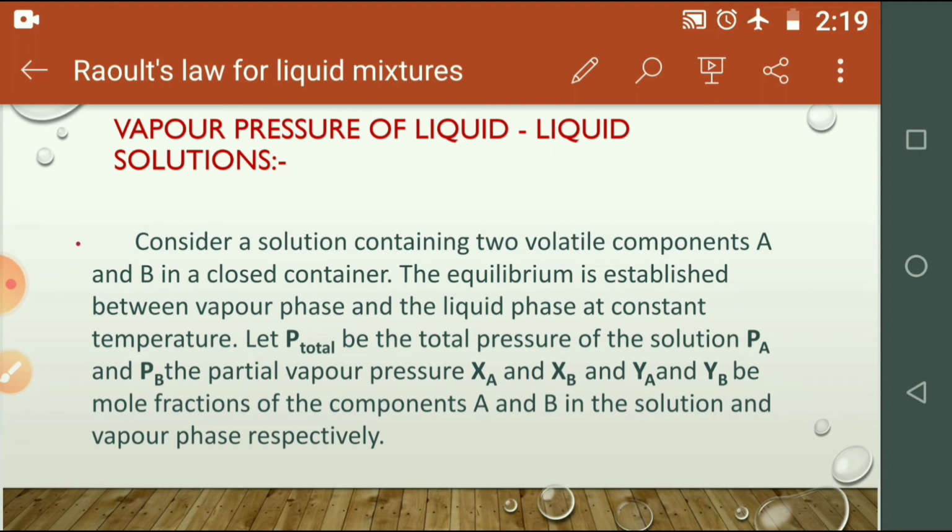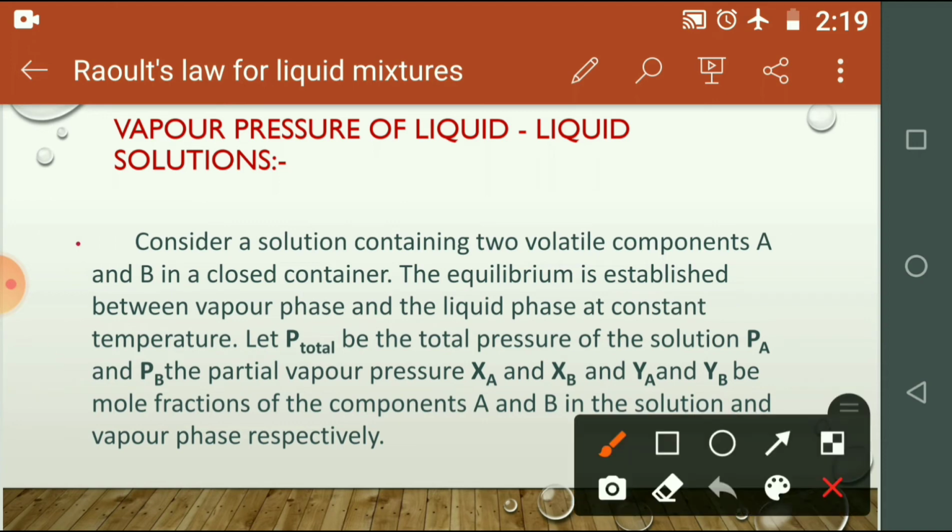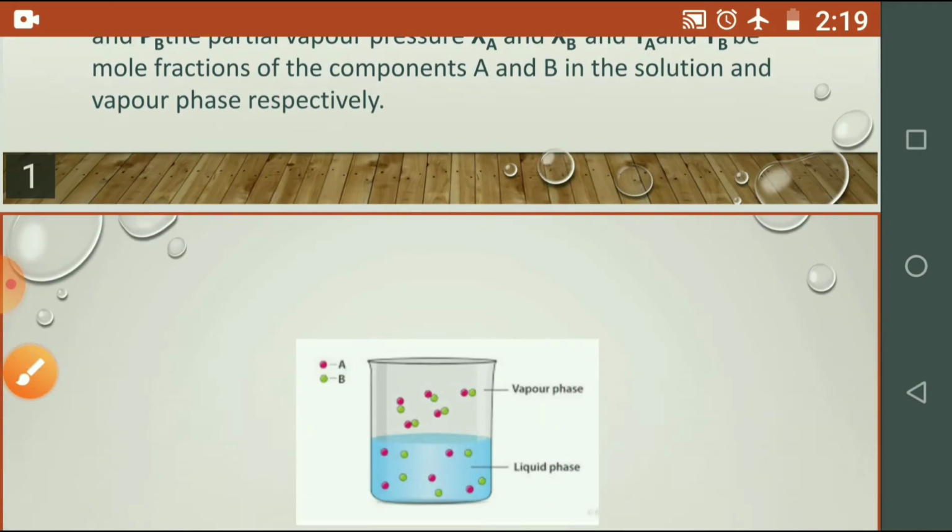Let P total be the total pressure of the solution, PA and PB the partial vapor pressures of A and B, XA and XB the mole fractions of A and B in the solution, and YA and YB the mole fractions of A and B in the vapor phase.